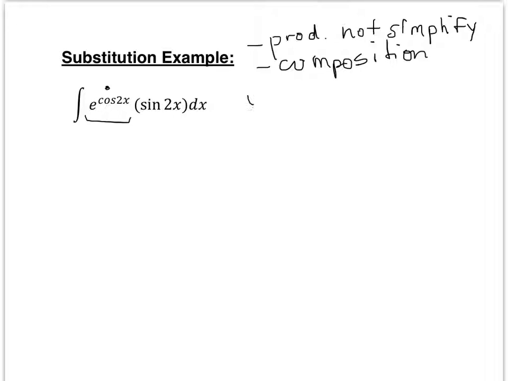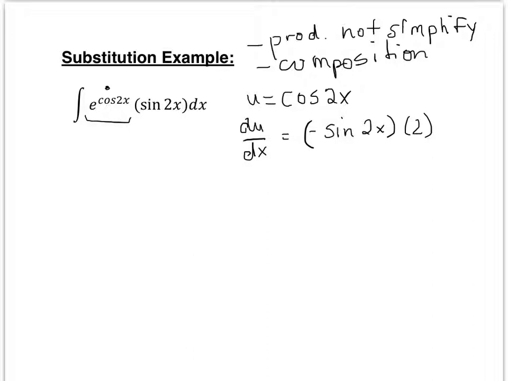If I'm going to try substitution, then u is going to be the inside piece of my more complicated composition. So u is cosine 2x. Then I find the derivative of that. The derivative of cosine is negative sine 2x, and then don't forget, I need the chain rule here to find this derivative, times 2.